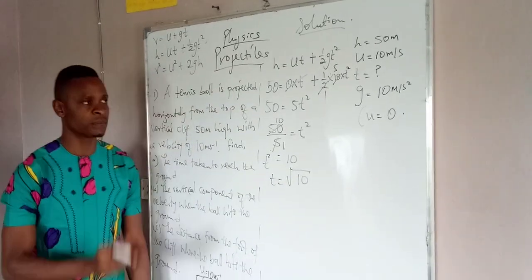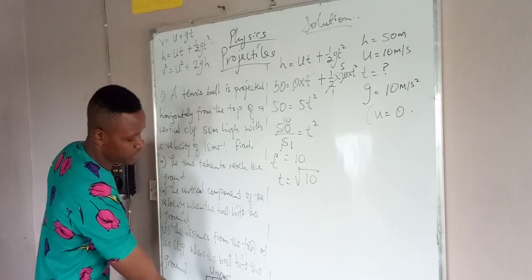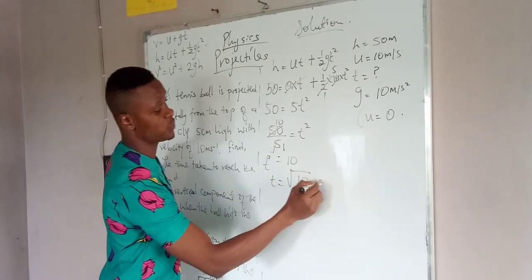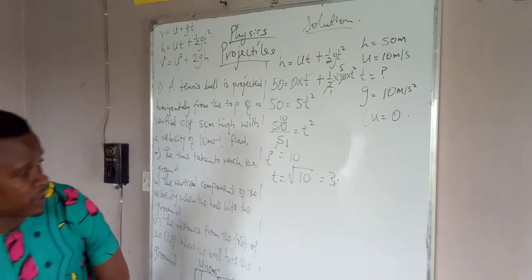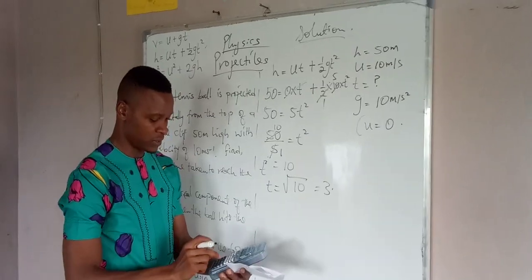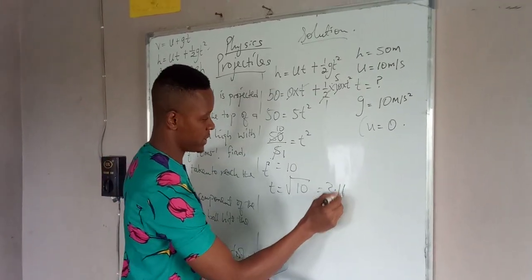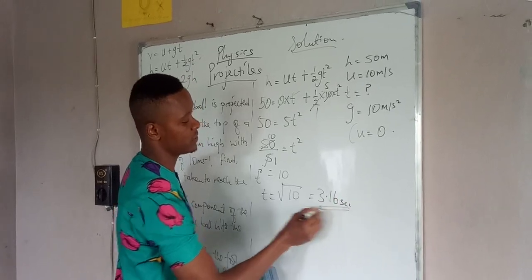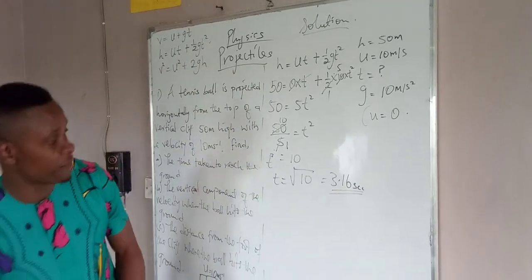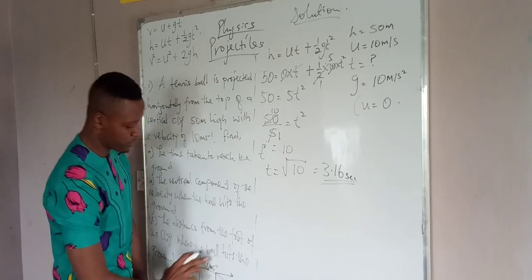That becomes the time it will take for this body to get to the ground level. We punch that out: the square root of 10 is 3.16 seconds. That will be the time it will take for the projected ball to get to the ground level.